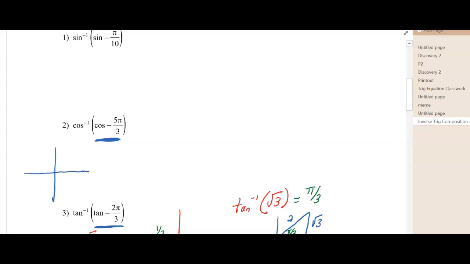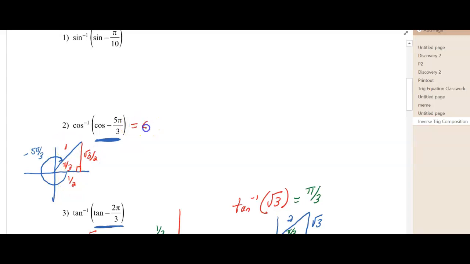So negative 5 pi over 3 is going to bring me all the way around here to quadrant 1. So that's negative 5 pi over 3. The reference angle is pi over 3. And if I were to drop my altitude here, we have root 3 over 2, 1/2, and 1.